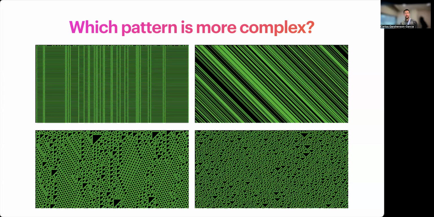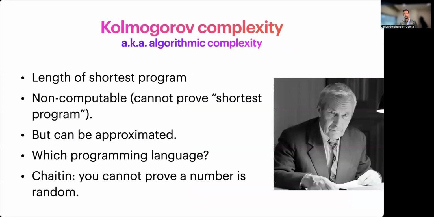So Kolmogorov complexity, also known as Kolmogorov-Chaitin complexity or algorithmic complexity, is the length of the shortest program that produces a string. So it's intuitive in the sense that we might have a long string that looks complicated, but it might be easy to write a program that produces that string.